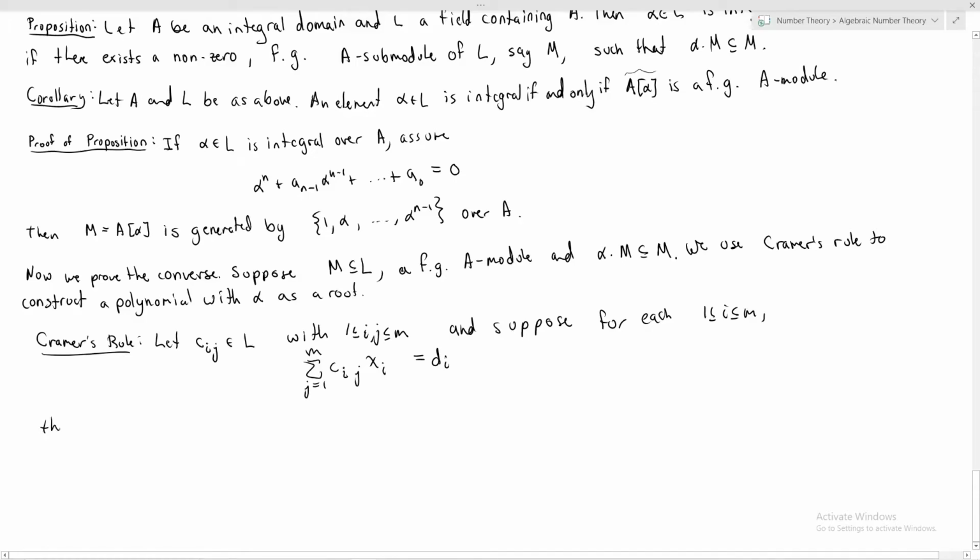Then I can recover these x_j's as the determinant of some matrix C_j divided by the determinant of the matrix C.